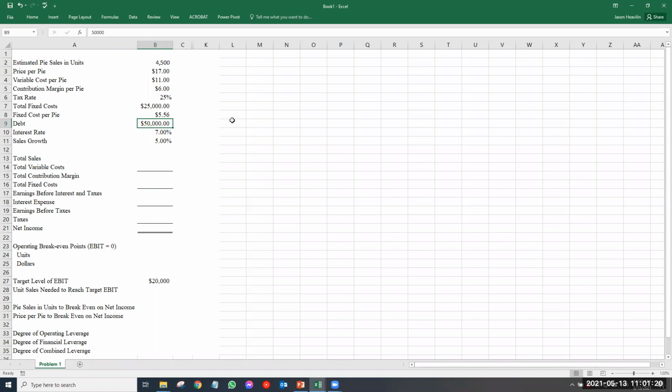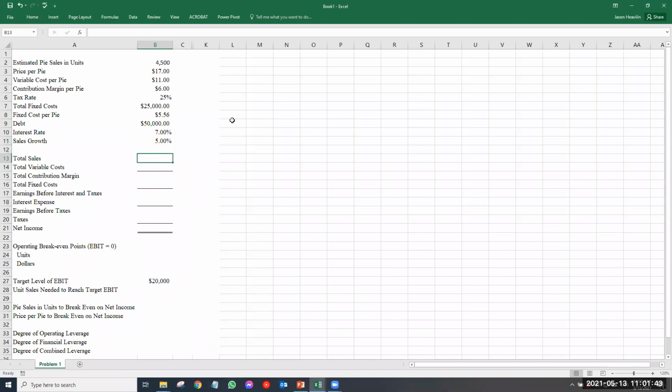Let's say the company has debt of $50,000, an interest rate of 7%, and a sales growth of 5%. We're not going to be using sales growth in this example because we're not going to do a projection, but it is information given. Sometimes they give us information that we don't need for the exercise.